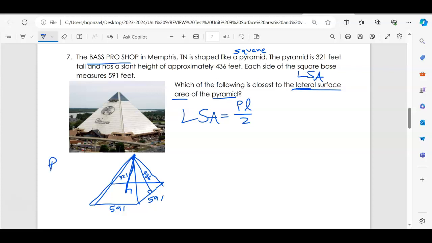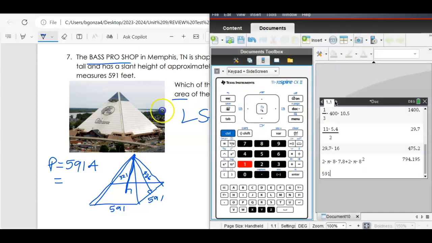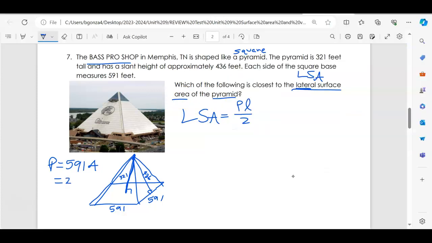So my P, if I add up 591 4 different times, so 591 times 4, is 2364. By the way, these are real dimensions, so if you're ever in Memphis, Tennessee, check it out. The L slant height, it tells us over here, is 436.